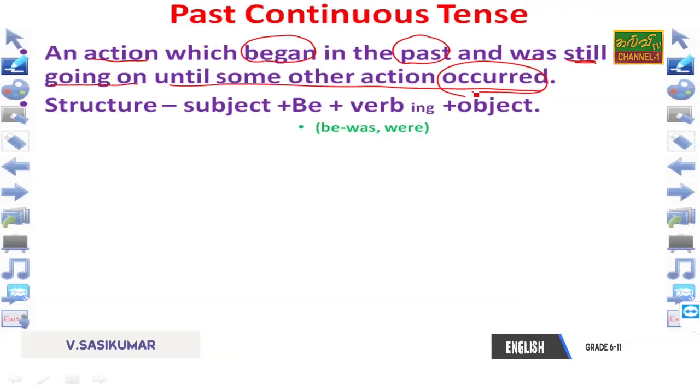Then we can see the structure. When you see the structure, you can compare, dear students, what is important and what is the comparison with the earlier tense, that means present continuous. Now I can give the structure of the past continuous tense.